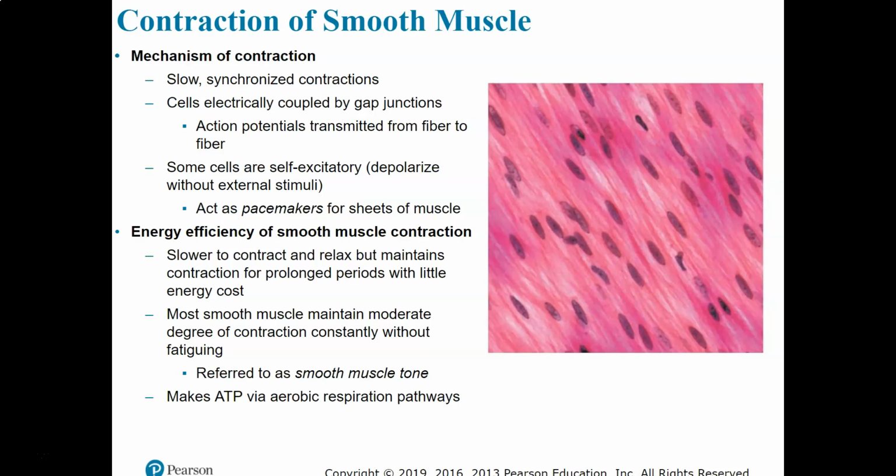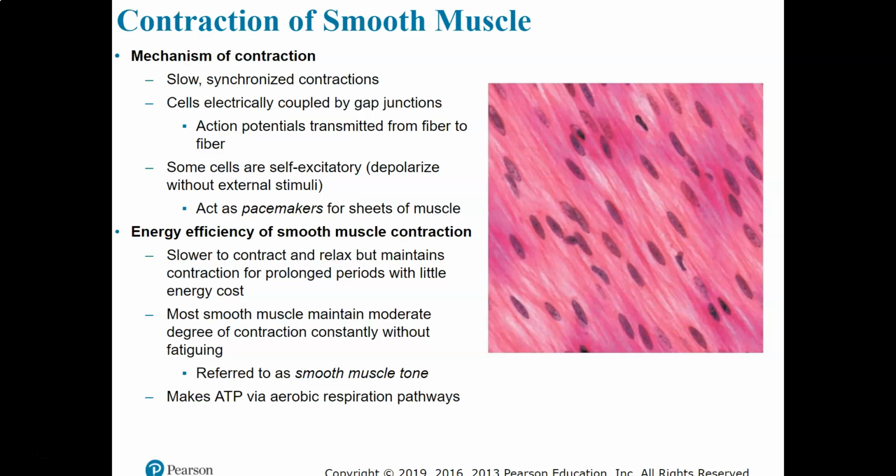Smooth muscle is going to have these slow, synchronized contractions as opposed to the very rapid contractions that we see in skeletal muscles. And because they have these gap junctions, action potentials are able to pass from fiber to fiber. In addition, some of the cells are going to be what are called self-excitatory.